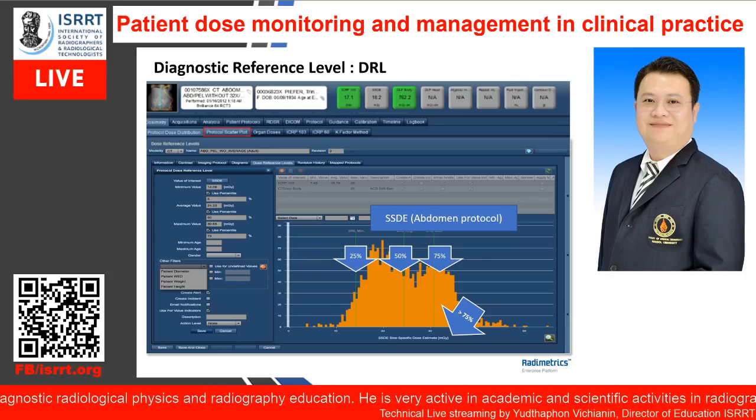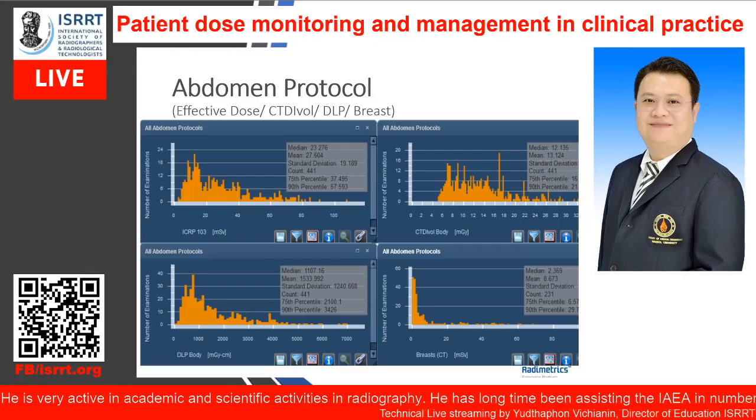If you want to compare your abdomen protocol dose in terms of CT dose index volume, for example, with your national DRL, you use your 50th percentile, not the 75th percentile. This is an example where we plot effective dose, CT dose index volume, DLP, and breast dose from this abdomen protocol. The dose software can display this and analyze it for you.